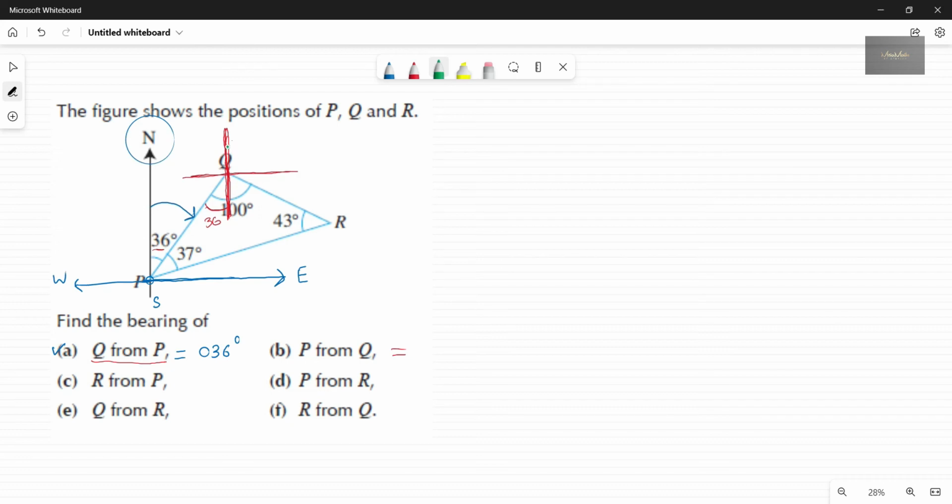My angle of bearing will start from north, east, south, and then 36 degrees more, right? So now you understand what to do. It will be 180 degrees plus 36 degrees. The answer is 216, right?